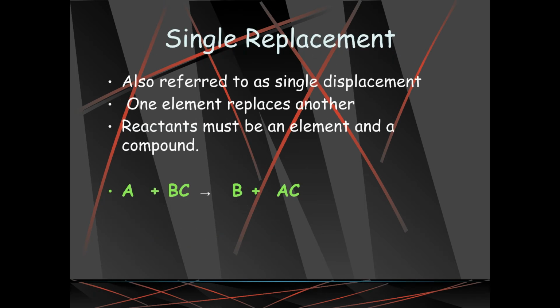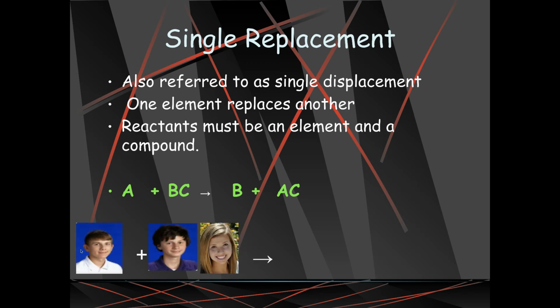Single replacement. So one element, a single element with a compound, switches places with a similar element. So if A is a metal, then it will bump out the metal in the compound and pair up with the nonmetal or the anion.